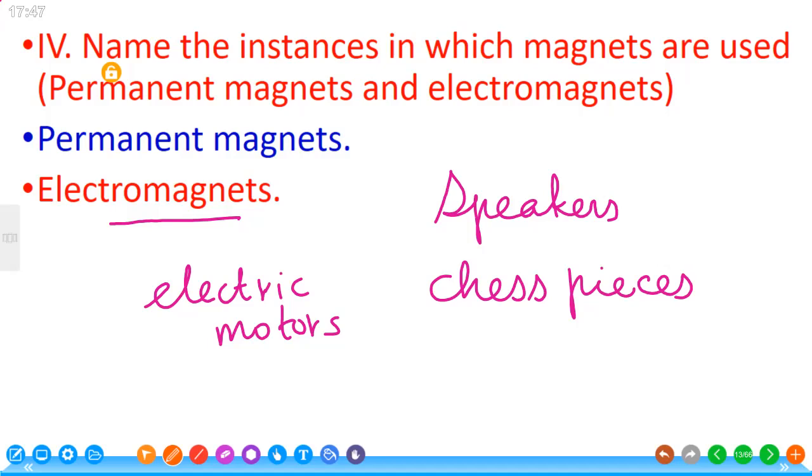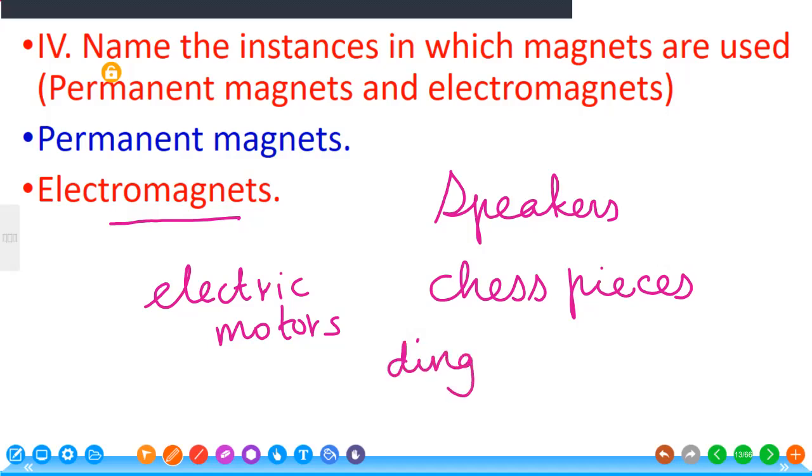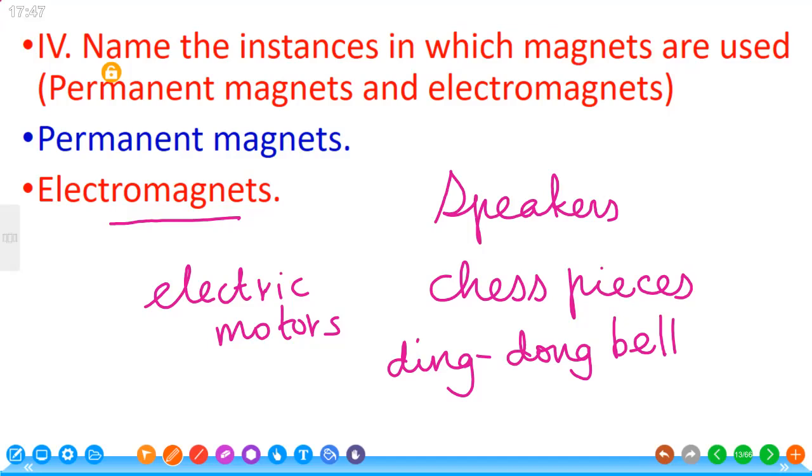Another one is the traditional ding dong bell. In the traditional ding dong bell, also called the doorbell, we find an electromagnet. With the help of that, we supply and disconnect the current, and in each situation, what will happen?